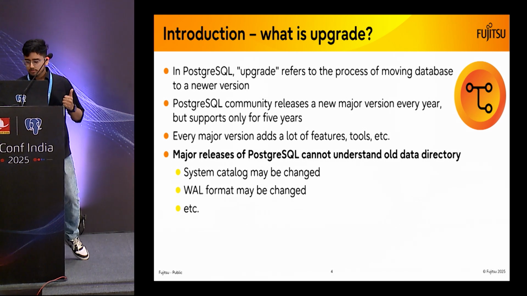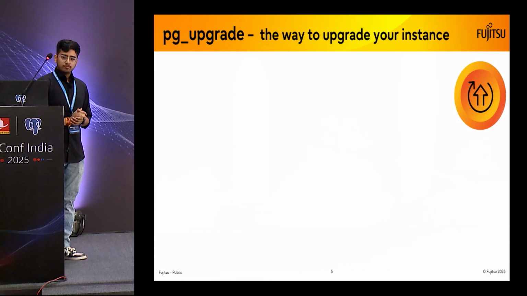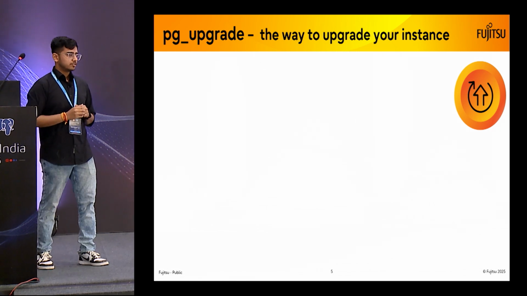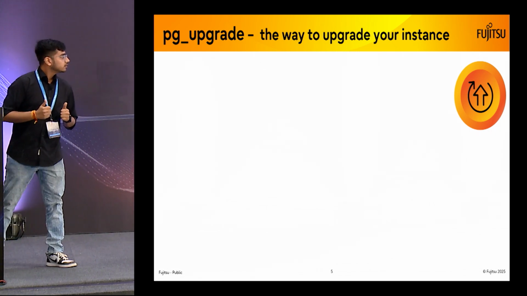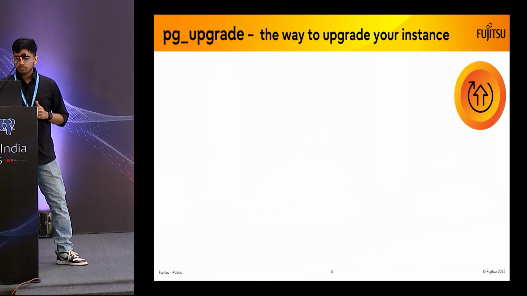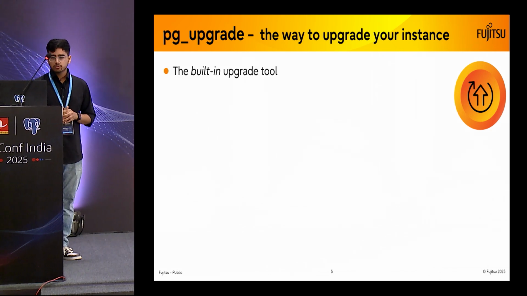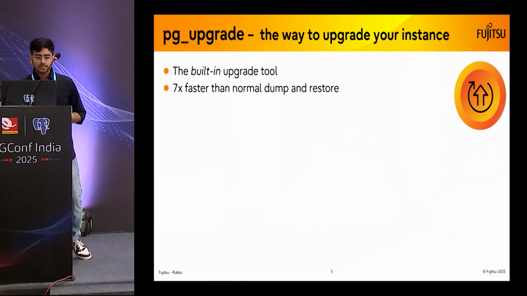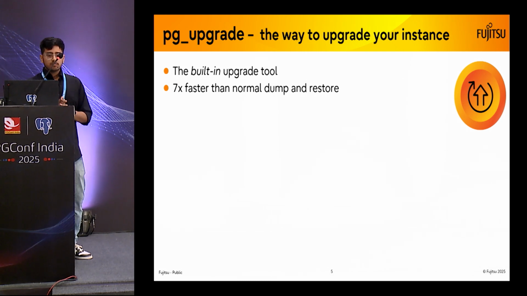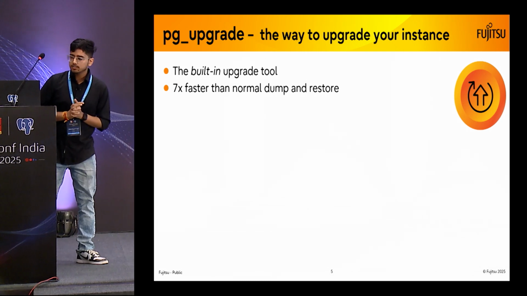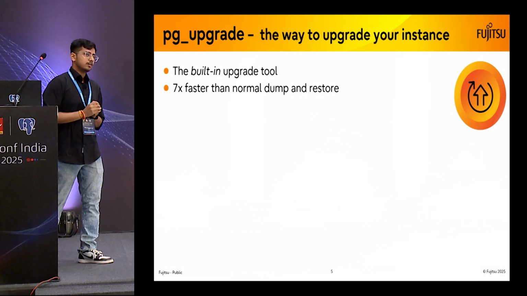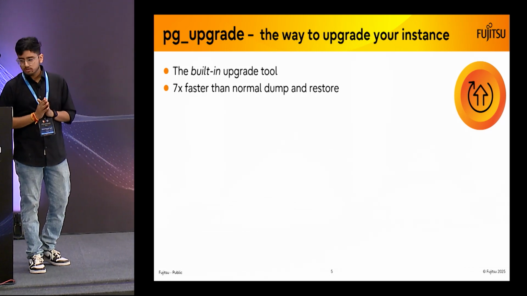What we use in Postgres to upgrade our clusters is pg_upgrade. pg_upgrade is a built-in tool in Postgres, and it is around 7 times faster than dump and restore, according to the analysis done by Bruce.